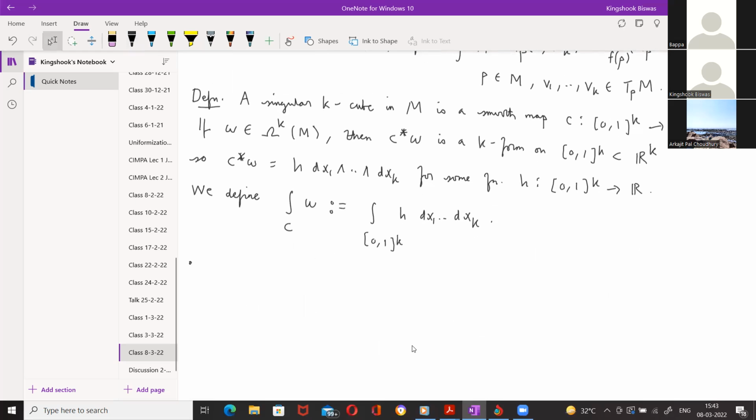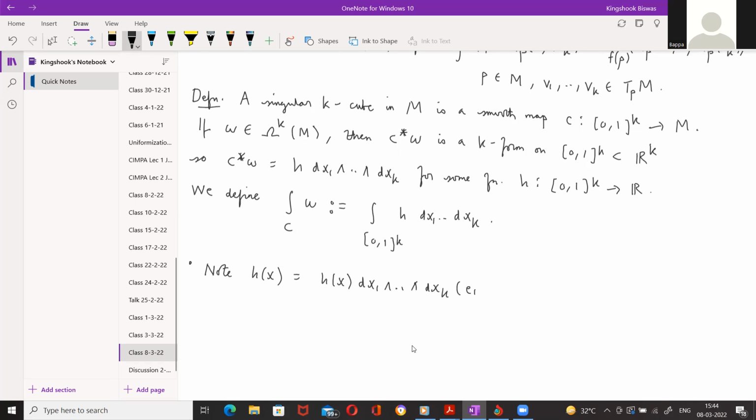What is this function H? We can give an explicit formula for H. Note, what is H of x? H of x I can write as H of x times dx1 wedge dxk applied to the basis E1 to Ek, right?